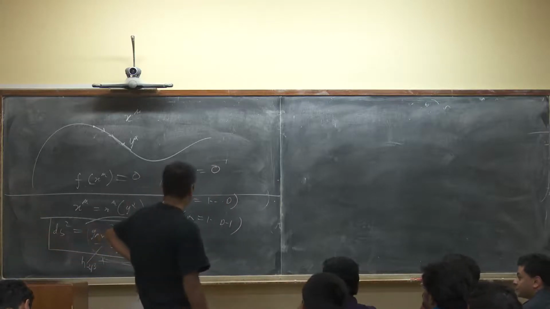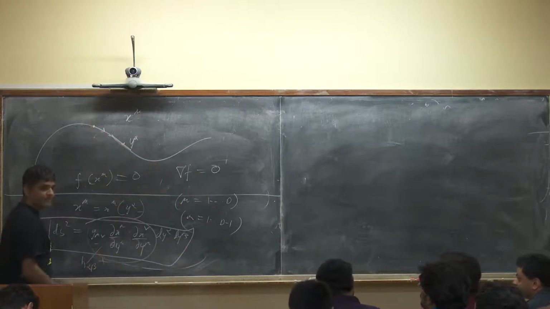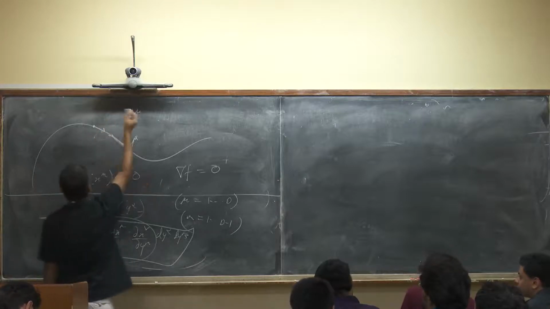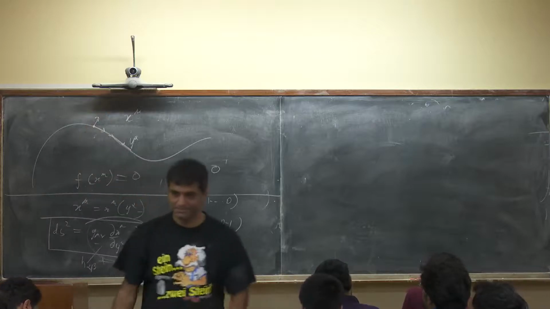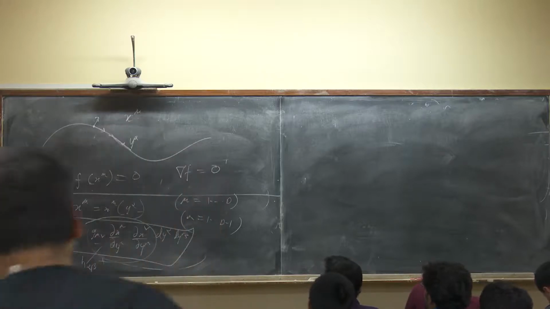Okay, so look, given this manifold, the first thing I want to define is the unit normal vector to this manifold. I define the vector n mu.